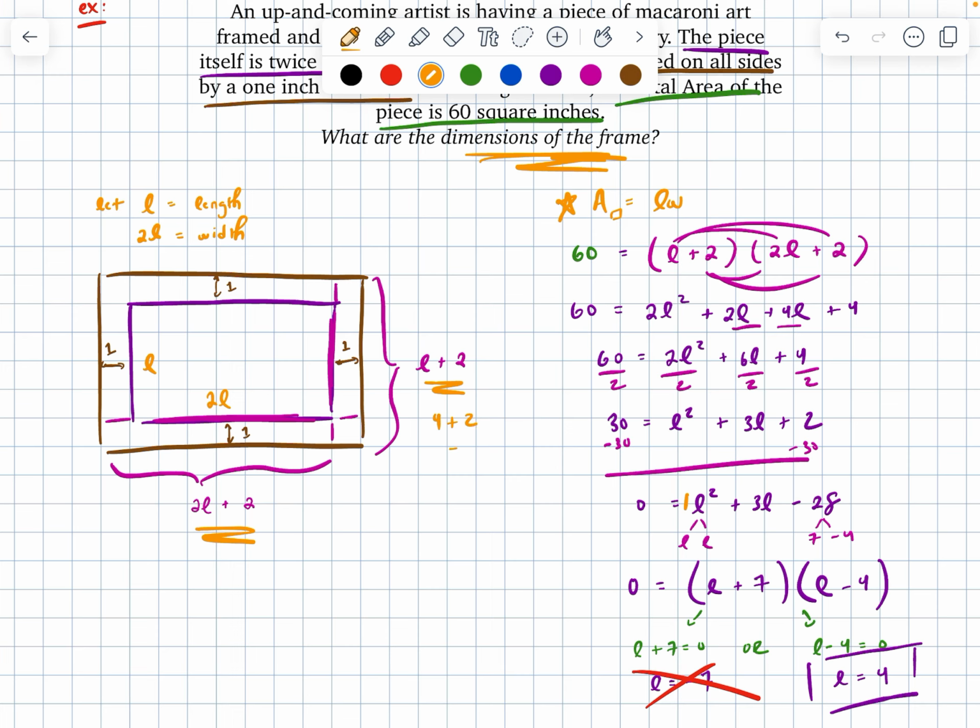Well, L plus 2 is going to be 4 plus 2, so that tells me that the length of my frame is going to be 6 inches, and then 2L plus 2, plugging in for L, would give me 2 times 4, which is 8, plus 2, that gives me 10 inches. If I wanted to be really good, maybe I'd write a complete sentence, but I know here that 6 inches and 10 inches are the dimensions of the frame around my art.